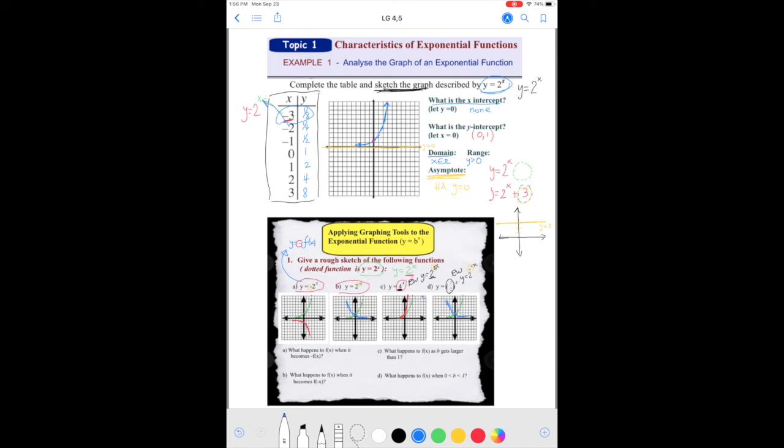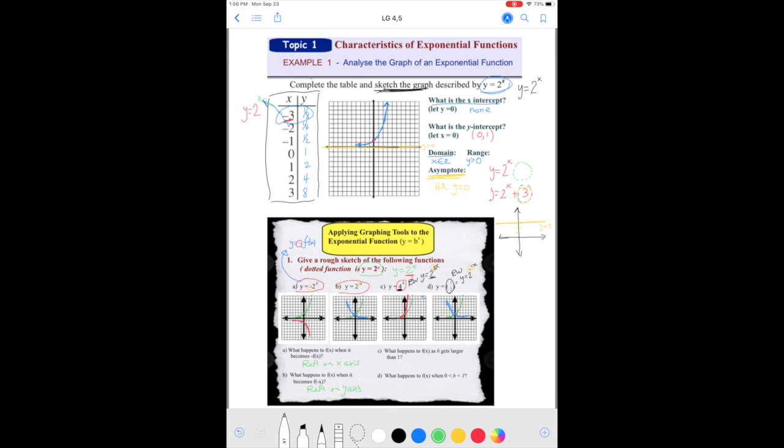All right. Now we can just describe what's happening. What's happening with A? Well, hopefully you see a reflection on the x-axis. B, reflection on the y-axis. What happens to the function when b gets larger?